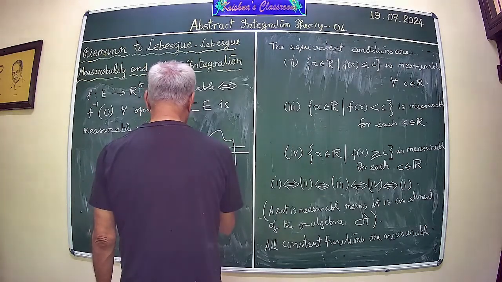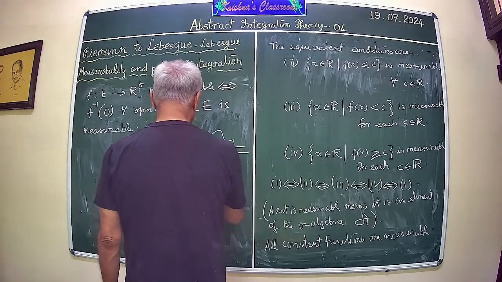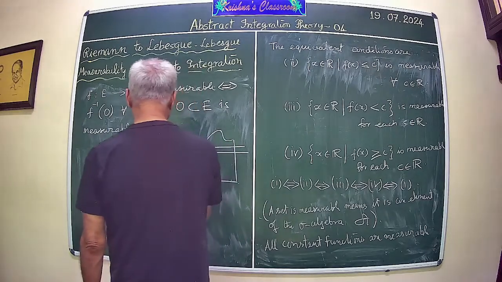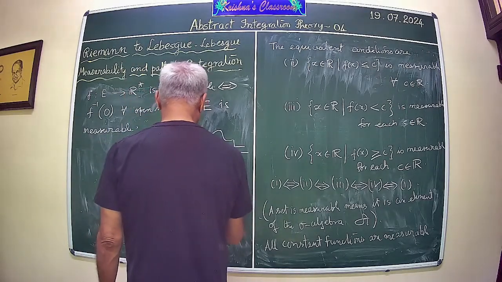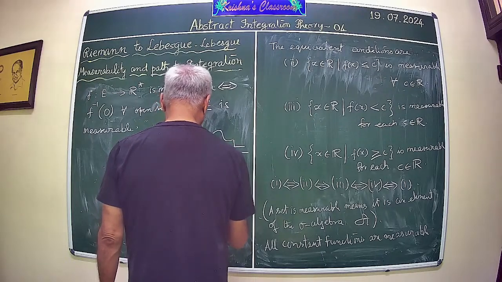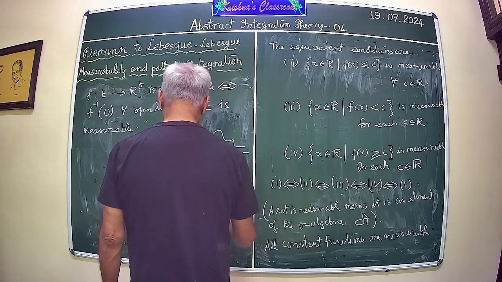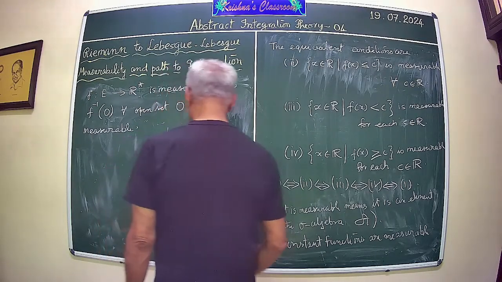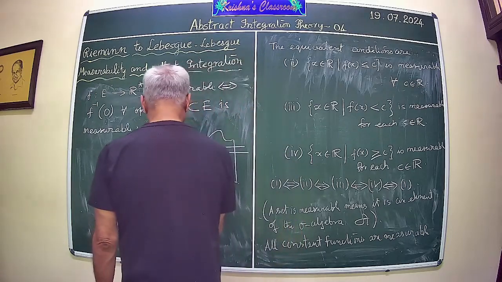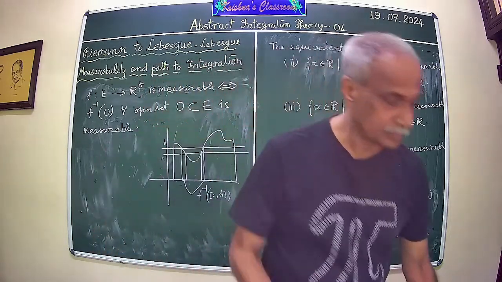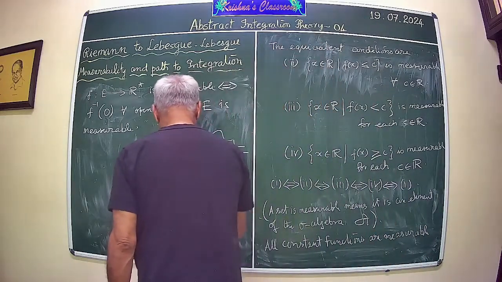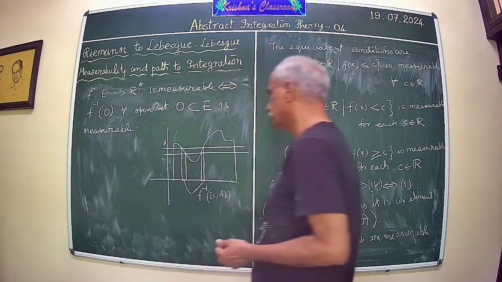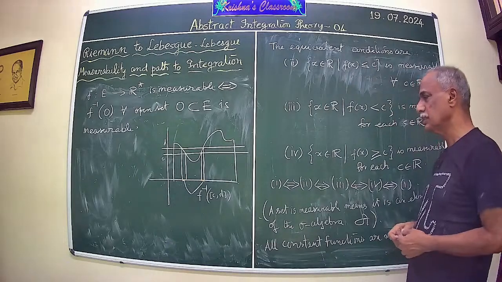So what is f inverse of, suppose this interval is CD. So this is the set f inverse of CD. Okay. So it is this. CD. This is f inverse of CD.